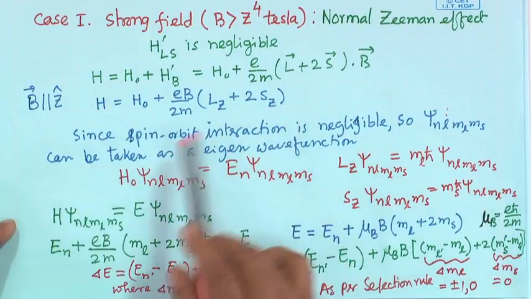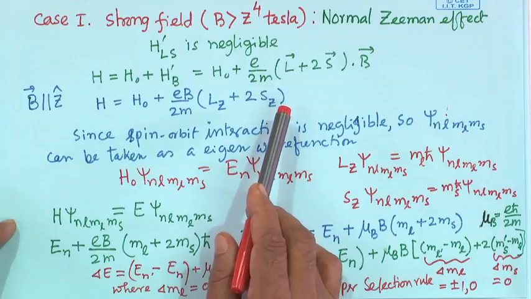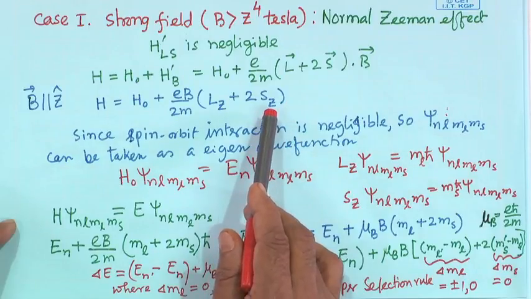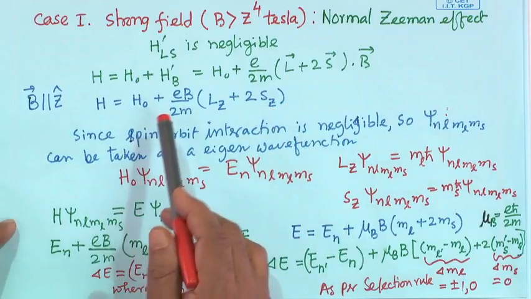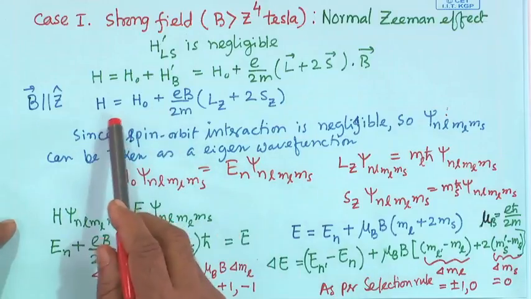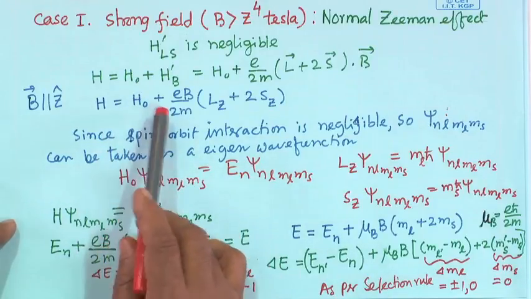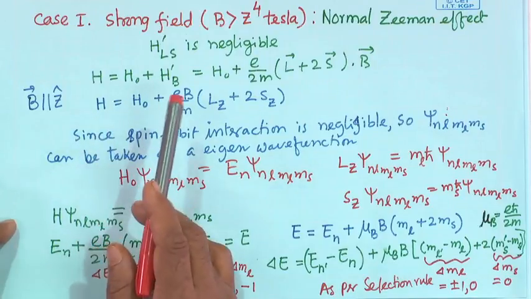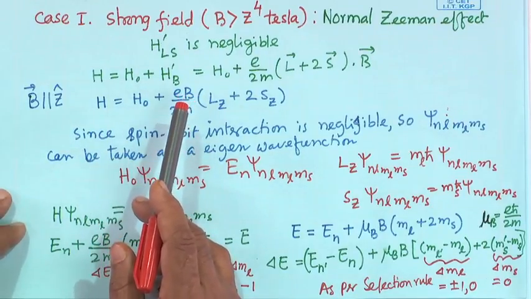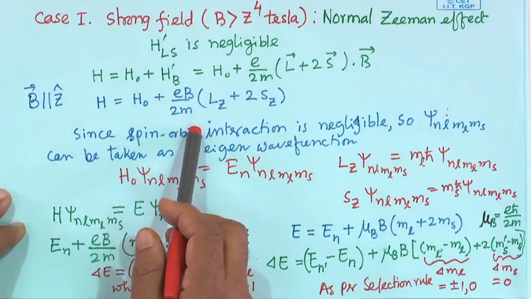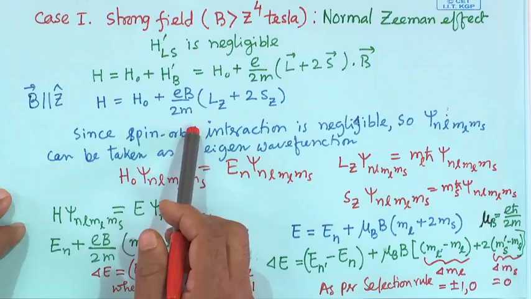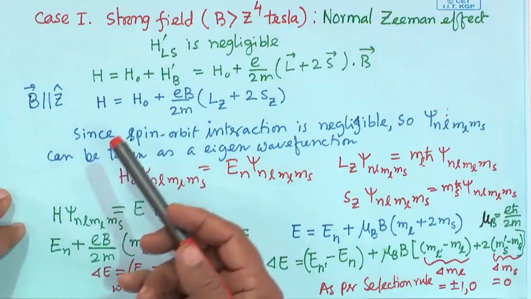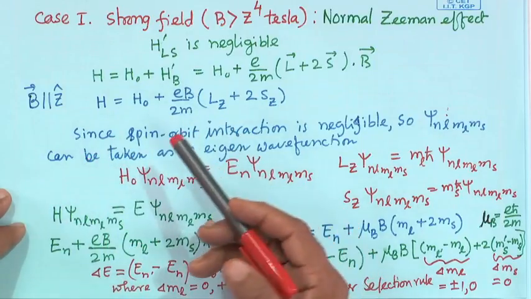To get the solution for this Hamiltonian, generally we use perturbation. In case of perturbation, we have to consider the unperturbed term and then the correction term, the perturbed term.